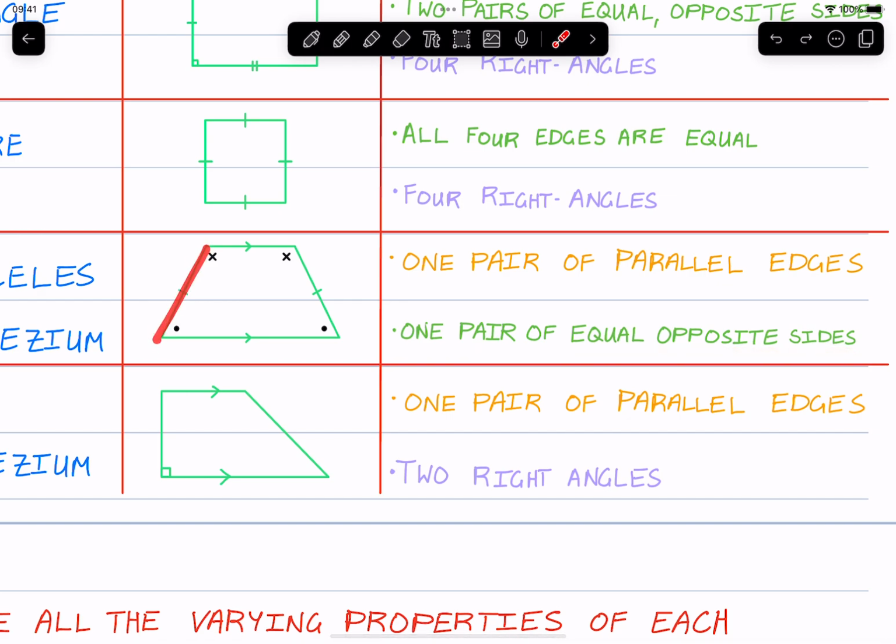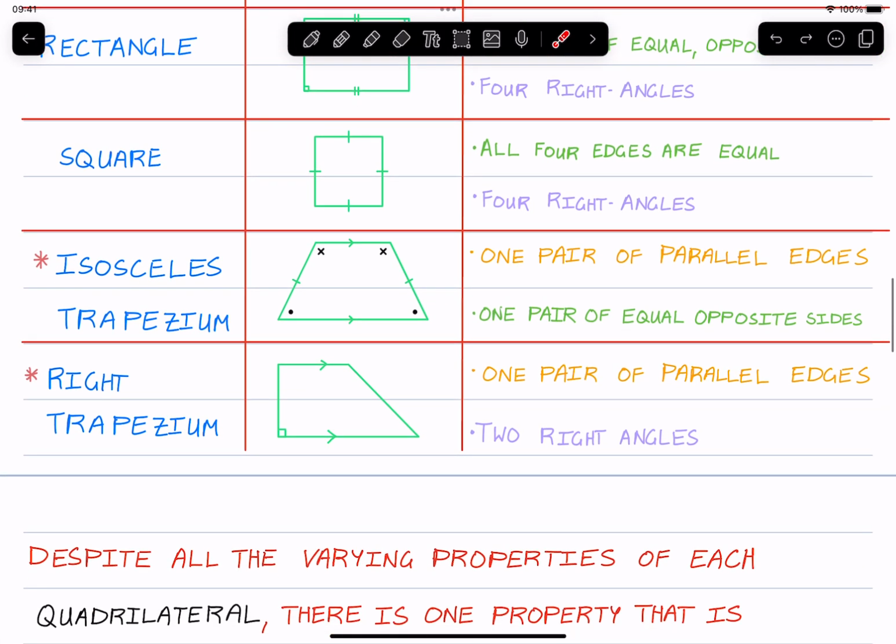So these two sides that are non-parallel must be equal. This causes a special angle relationship, that these two angles must be equal and these two base angles must also be equal. And the last special quadrilateral is a right trapezium. All a right trapezium is that there has to be two right angles, but the pair of parallel sides is still there.